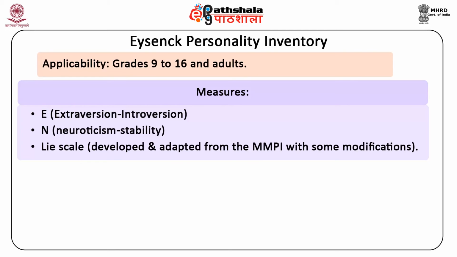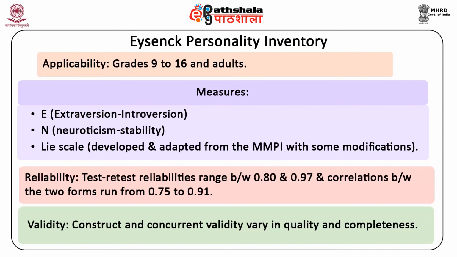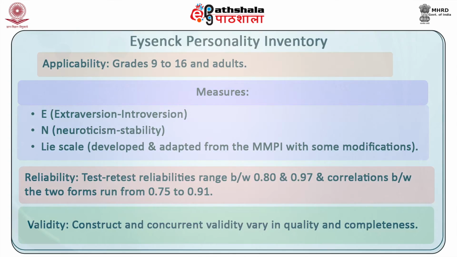Number of items: 24-item E scale, yes/no inventory, 2 parallel forms, 24-item N scale and 9-item Lie scale. Reliability: test-retest reliabilities range between 0.80 and 0.97 and correlations between the two forms run from 0.75 to 0.91. Validity: construct and concurrent validity vary in quality and completeness.